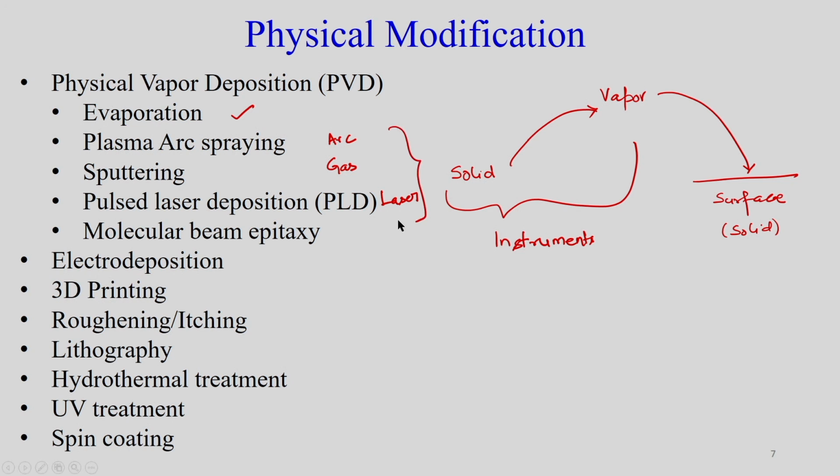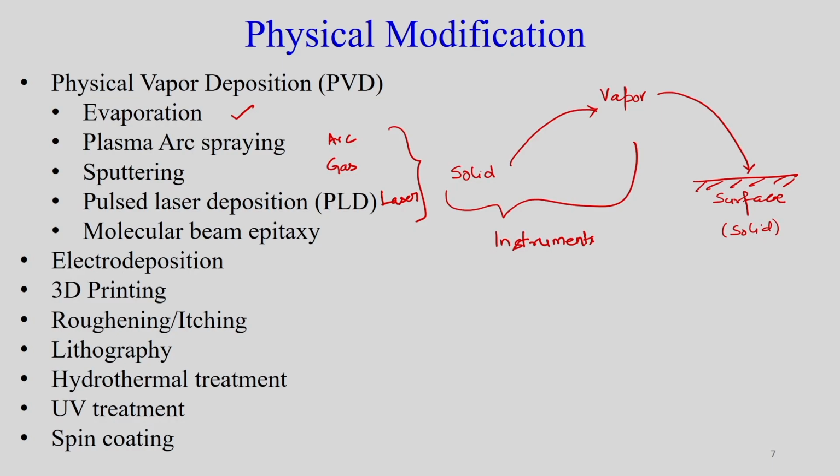So, this plasma cloud converts the solid target to the vapor and then it is deposited on the surface. Depending on what is forming the plasma cloud, it is named plasma arc spraying, cathodic arc spraying, sputtering, pulse laser deposition, molecular beam epitaxy.